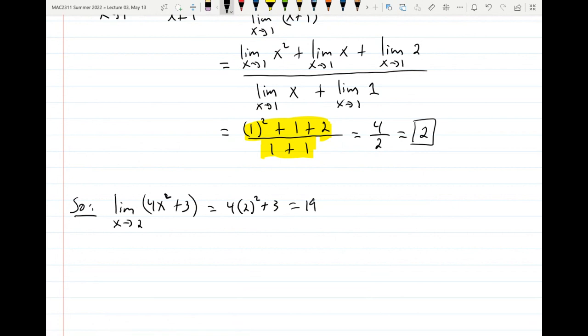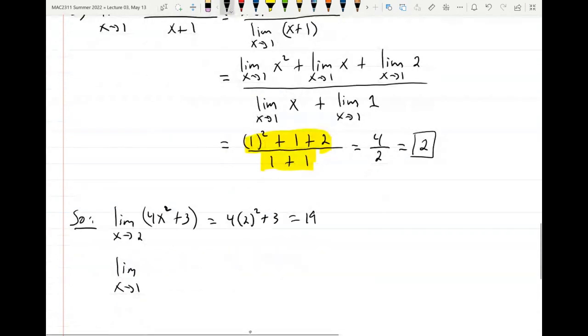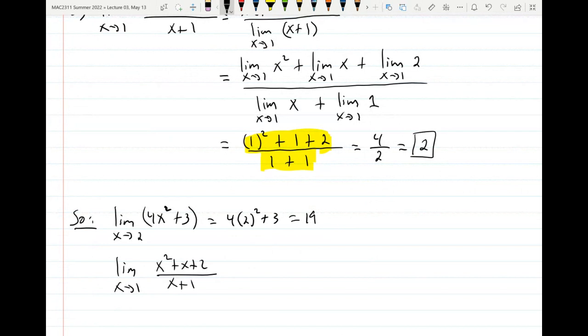Oops, 19. Okay, and similarly for the other one, if you see limit as x approaches 1 of x squared plus x plus 2, something like this, then we just quickly check. We see that this bottom, when you plug in, you don't get 0. So you immediately say, okay, this is just equal to this, which is, evaluating.